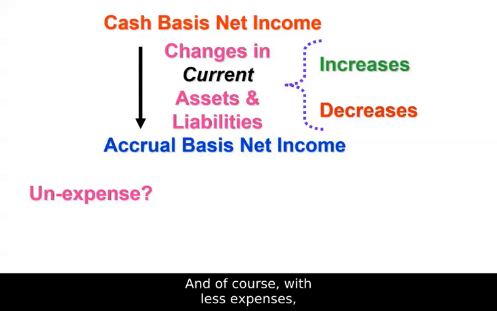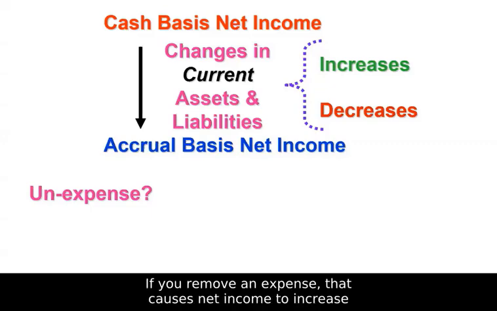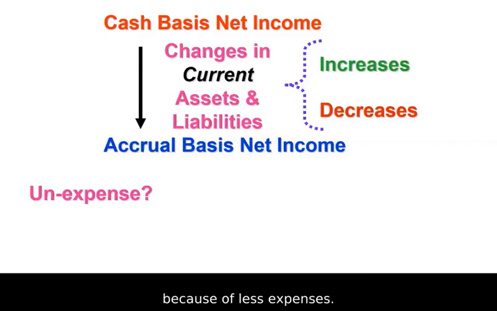And of course, with less expenses, net income will increase. So let me repeat that. If you remove an expense, that causes net income to increase because of less expenses. And as I said, I refer to that as unexpensing. And you'll see how we do that tonight.